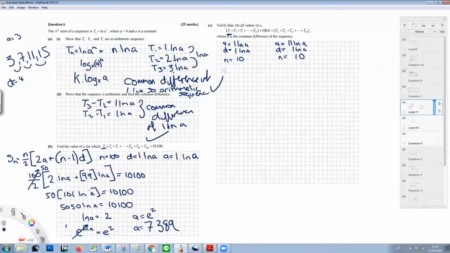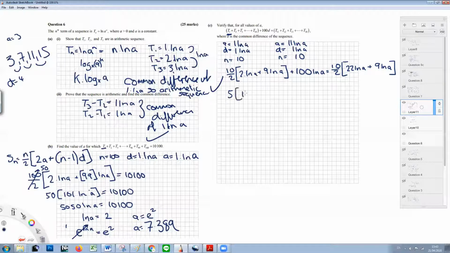So you're essentially just going to end up with 2 formulas. We'll do this side first. So that's 10 over 2, and it's going to be 2 ln of A plus 9 times ln of A, plus 100 ln of A. And this side is going to be 10 over 2, and it's going to be 22 ln of A plus 9 ln of A. So that's going to be 5 times 11 ln of A plus 100 ln of A, which will be 55 ln of A plus 100.